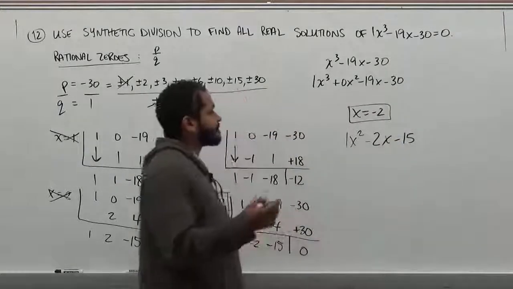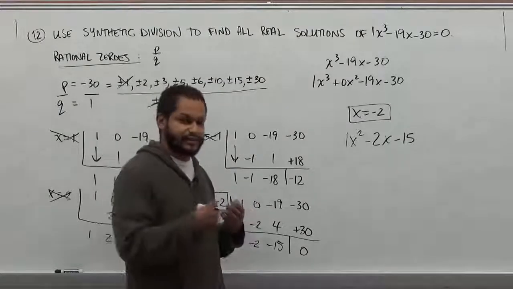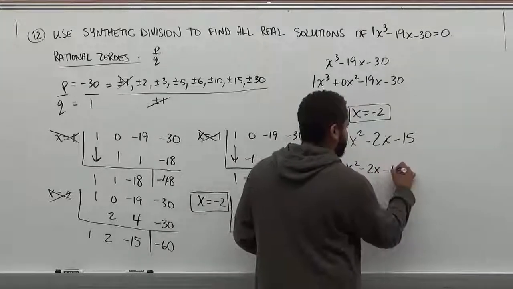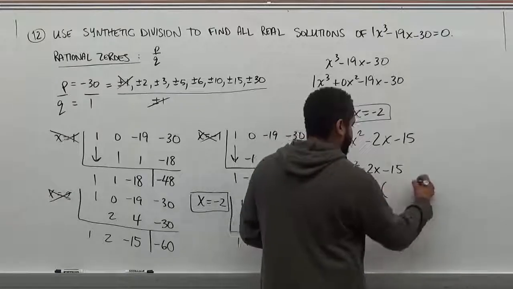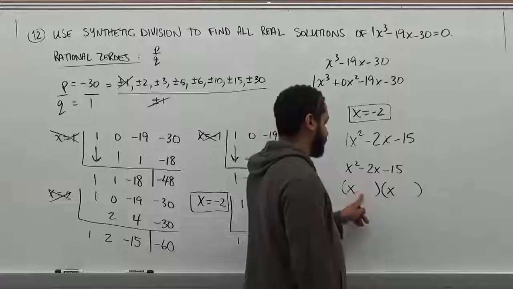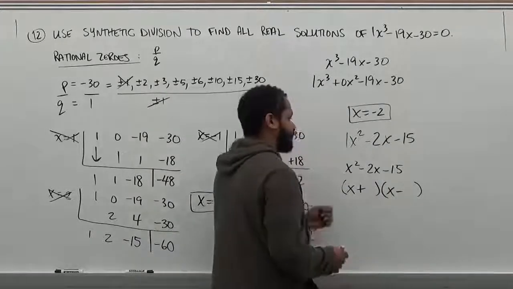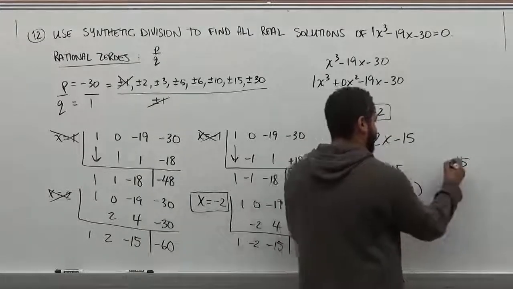At this point, we could continue doing synthetic and use the same rule we did, or we could just factor. In this case, I think factoring is the easier bet, right? So we have x squared minus 2x minus 15. We know the 2 factors both have an x in it. Because the last term is negative, 1 is plus, 1 is minus. It doesn't matter which order you place them in, right? The factors of 15 that add up to negative 2, and it's a negative 15, right?